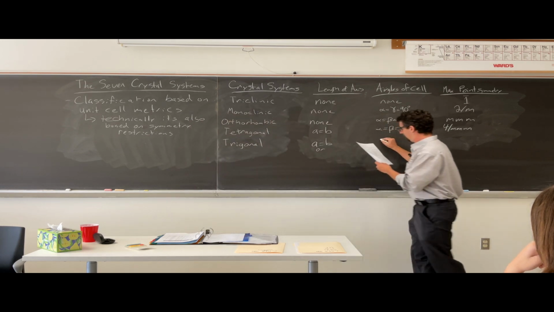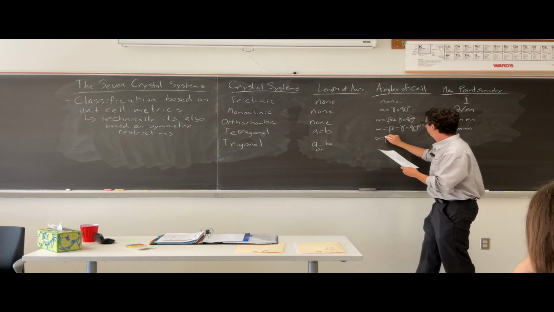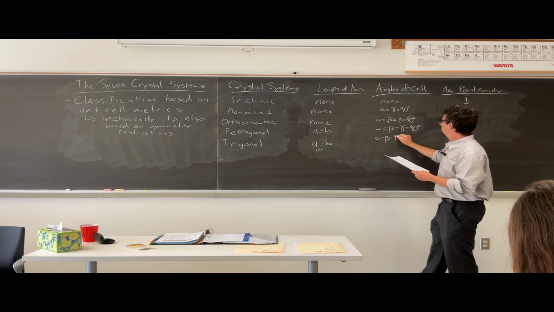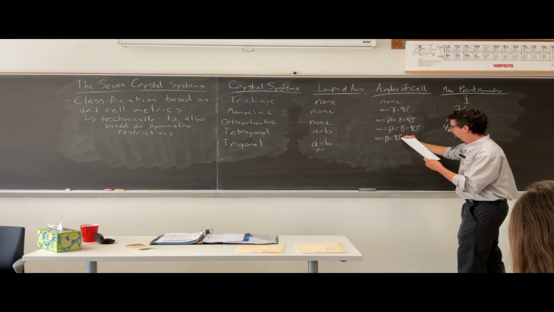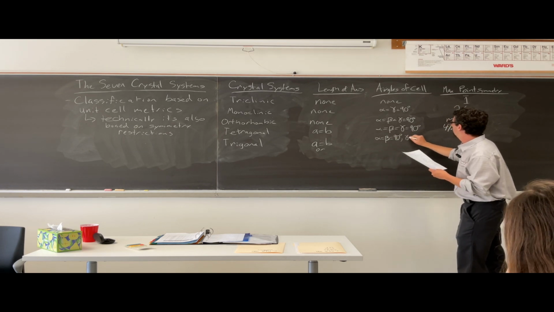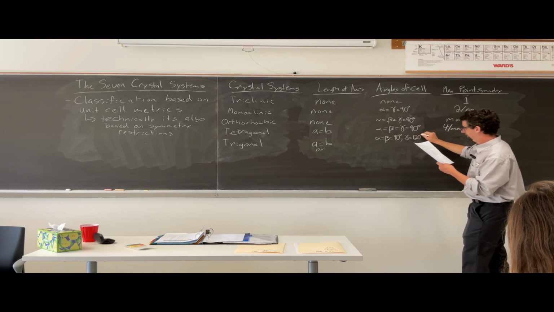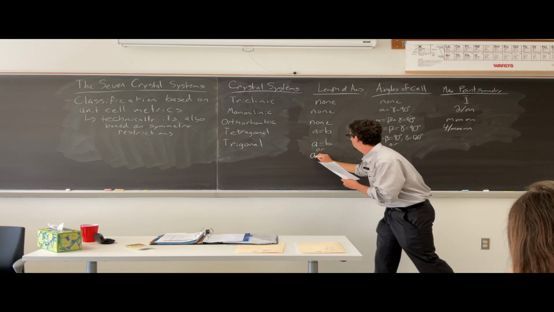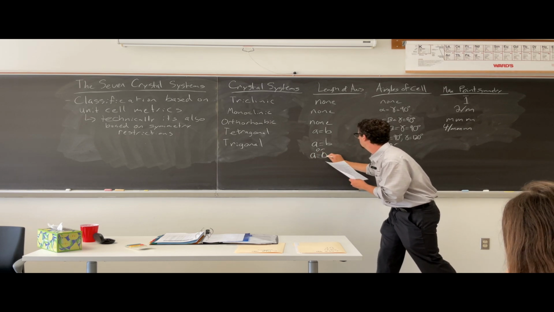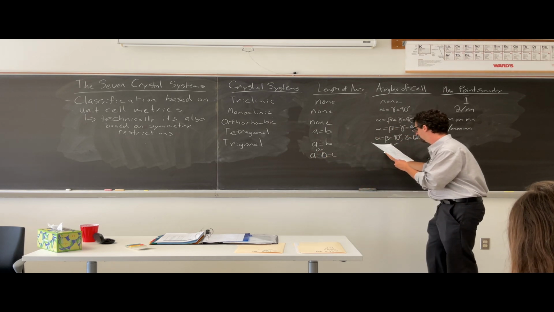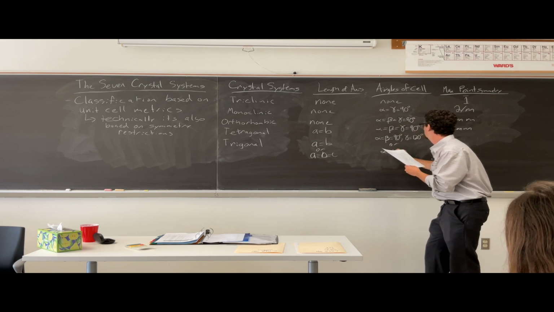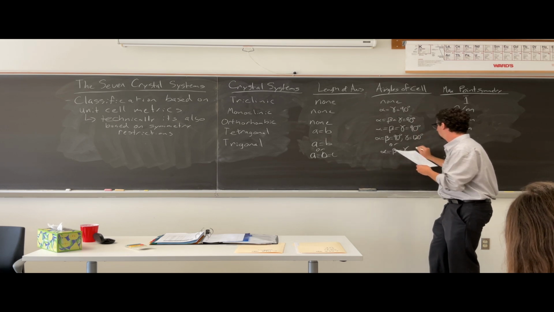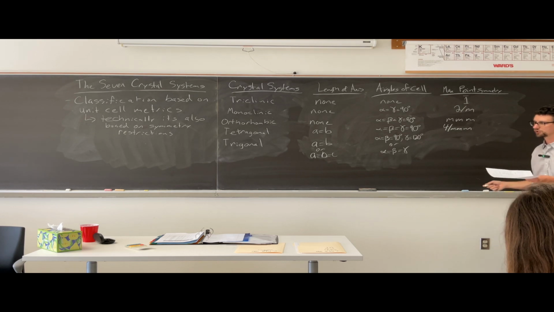Okay, angles for that one. Alpha has to equal beta, which is 90, and gamma is equal to 120. Or we can have this other restriction, A is equal to B, which is equal to C, in which case alpha is equal to beta, which is equal to gamma, but there's no angle restriction.